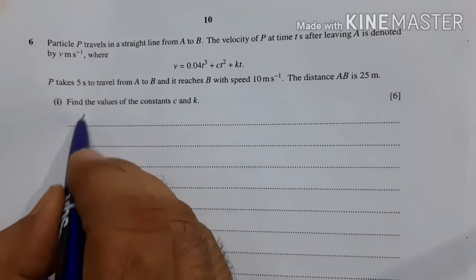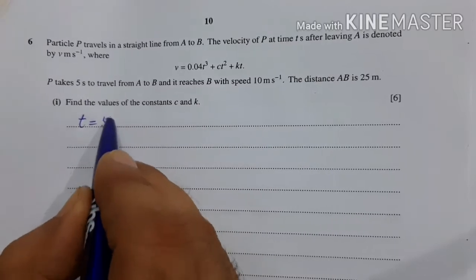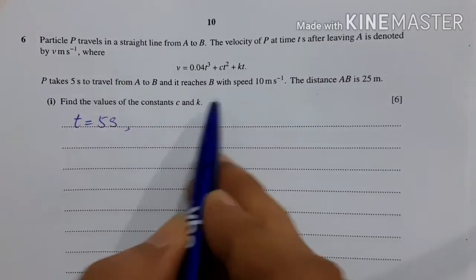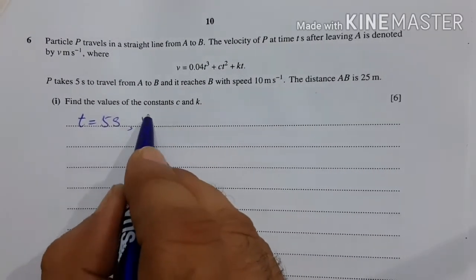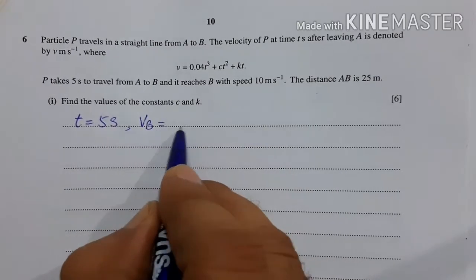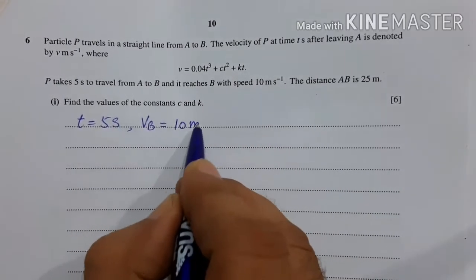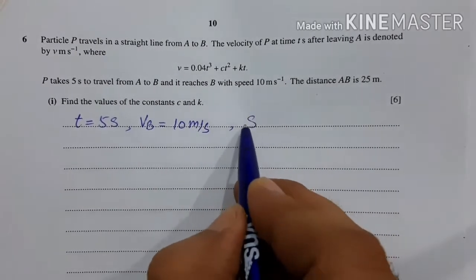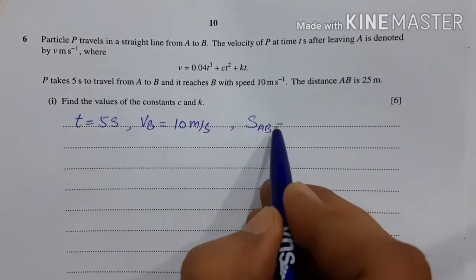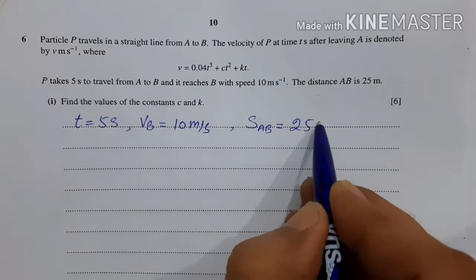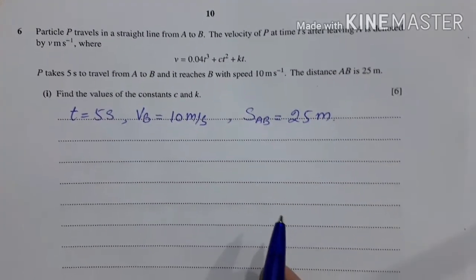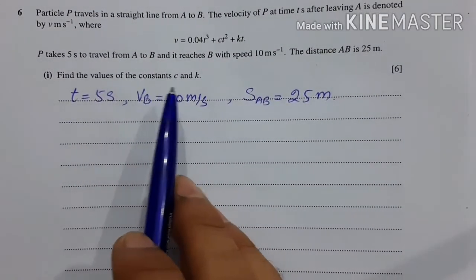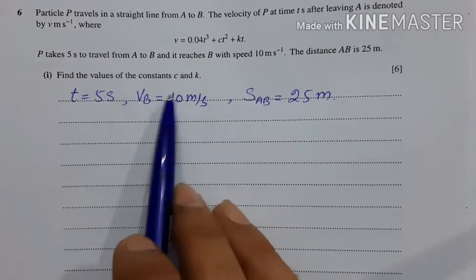Number 1, time is 5 seconds. Number 2, speed at B is 10 meters per second. And number 3, distance of AB is 25 meters. All these things are given. We need to find the values of constants C and K.